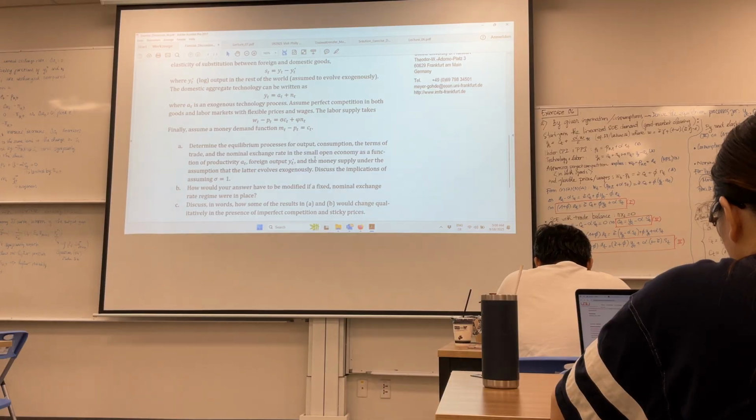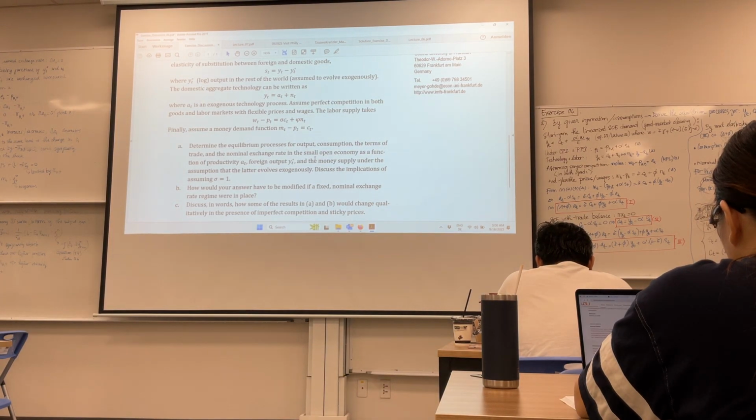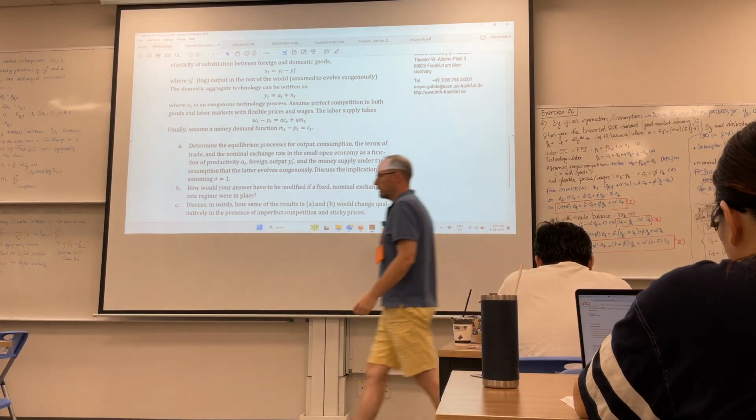So if we have sigma greater than 1, that's probably the best way to look at this.